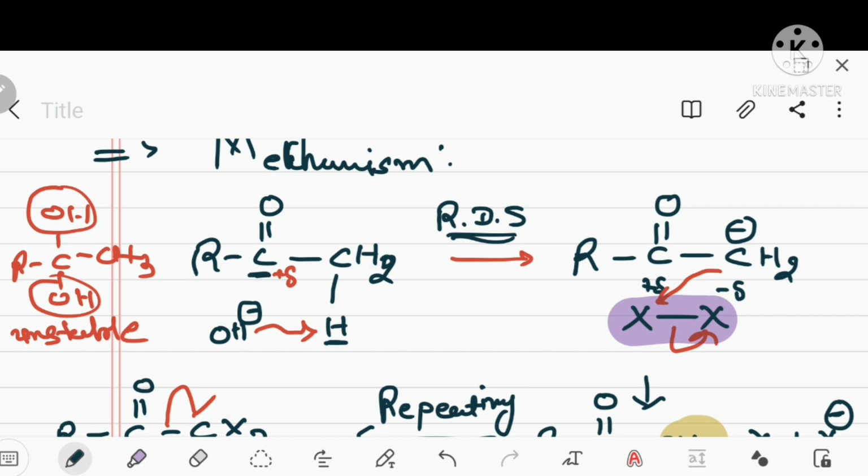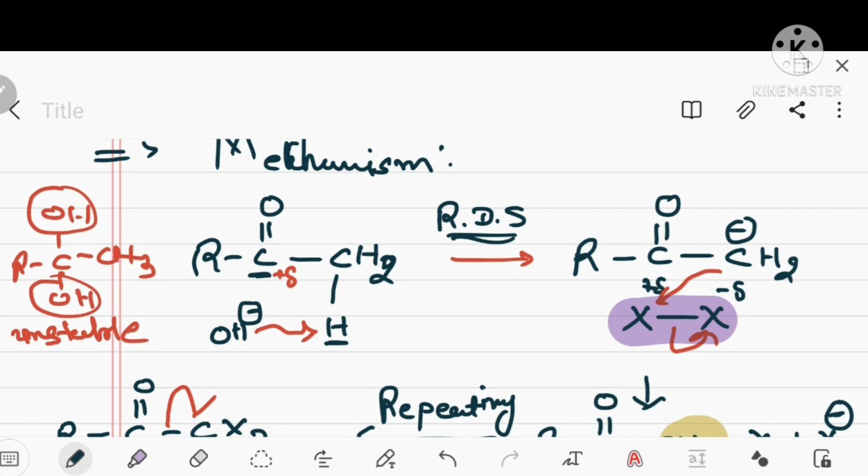So first of all, the active hydrogen is attached by OH, because of the OH base it is removed, and it is forming the first carbanion, and that carbanion again reacts with the halogen species.